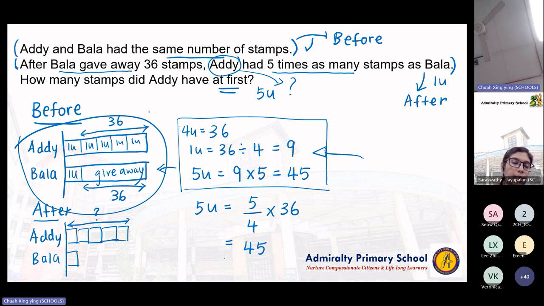Because they have not learned the multiplication of fractions yet, if you expose this to your children they may get confused. If your children are not confused, it's okay. But in class, our teachers will teach the children by presenting the unitary method. Okay?